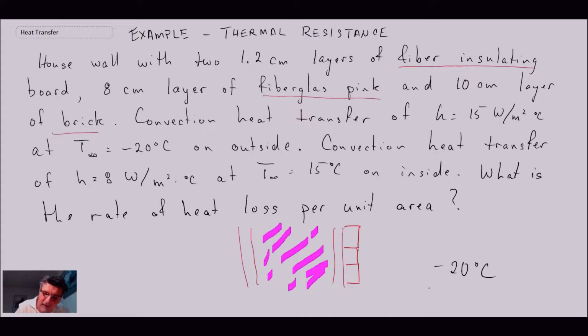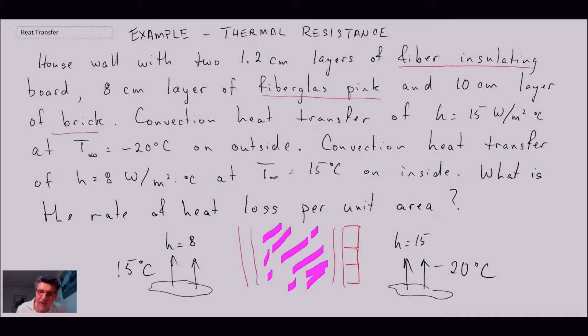We're told the convective heat transfer coefficient is 15 watts per square meter degrees C. And then we have another environment on the inside of the house, so you might have forced air heating or radiators, but in any event you'll have air circulating inside the house. The temperature inside the house is 15 degrees C, and h is equal to 8. h outside was 15. So that is what we have for this problem.